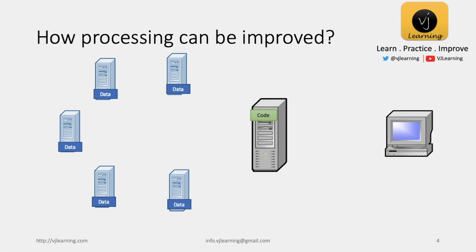Let's assume I have a server with code which can do, let's say, a word count on a file. And I want to understand, for example, that I get a data feed from Twitter, and how many times somebody has hashtagged big data.